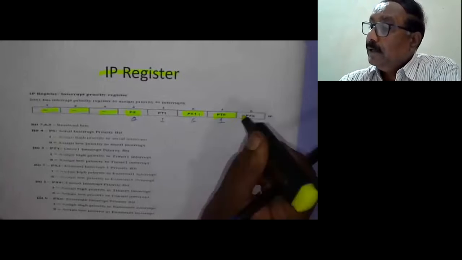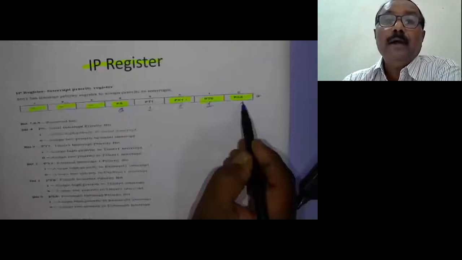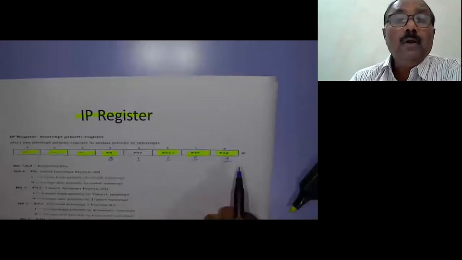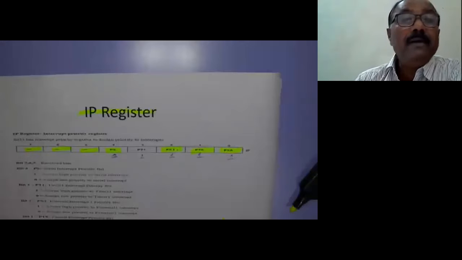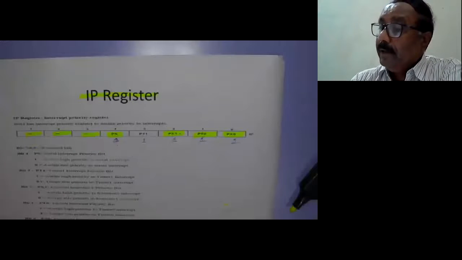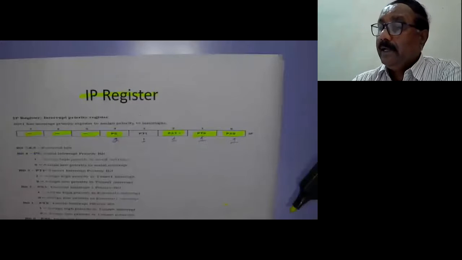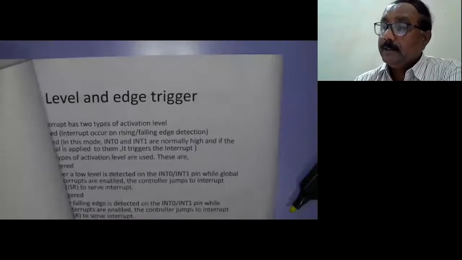And PX0, if this is 1, it will give highest priority to external interrupt 0. So we can change the priority of interrupts by keeping one of the bits equal to 1 in the IP register, that is the interrupt priority register.